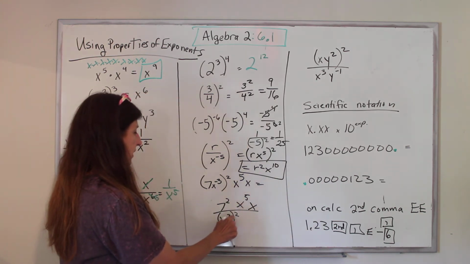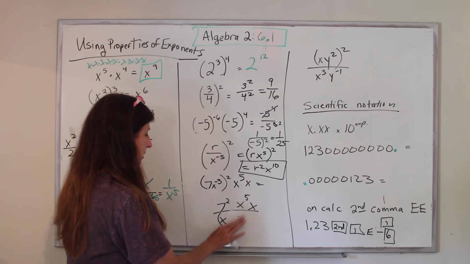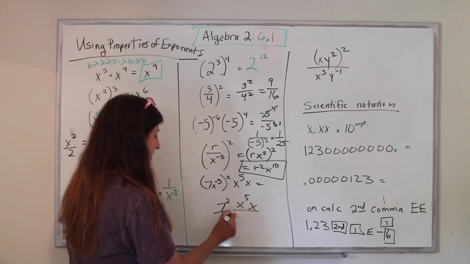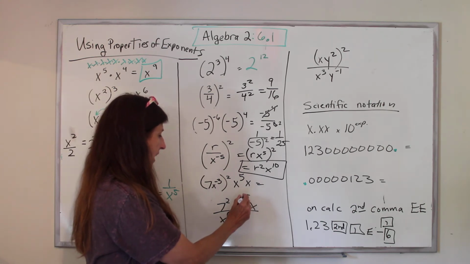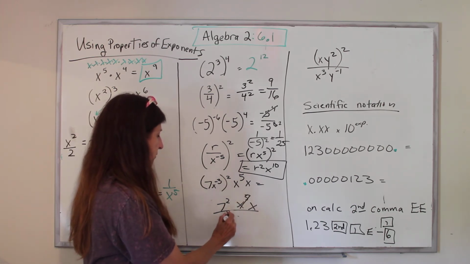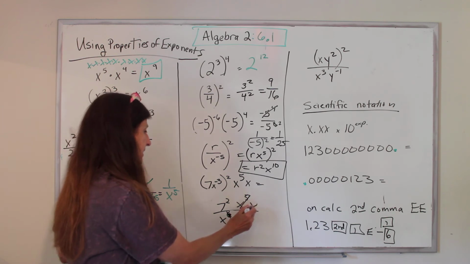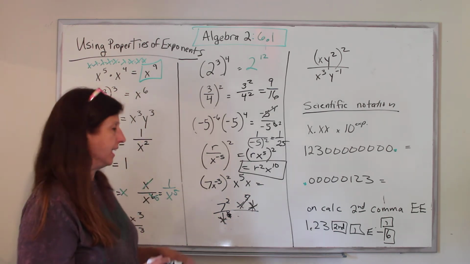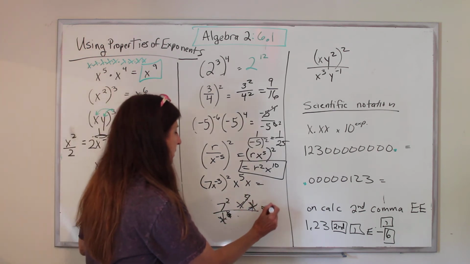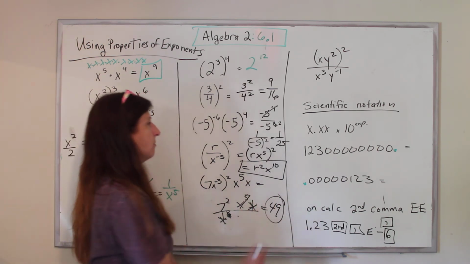And this is 3 times 2, which is 6. Now I can cross things out. I have 5 up here, those can cross out 5 of those. And then I have an x and an x, and those cross out too. So I'm left with 7 squared, which is 49. Woo, that one was fun.